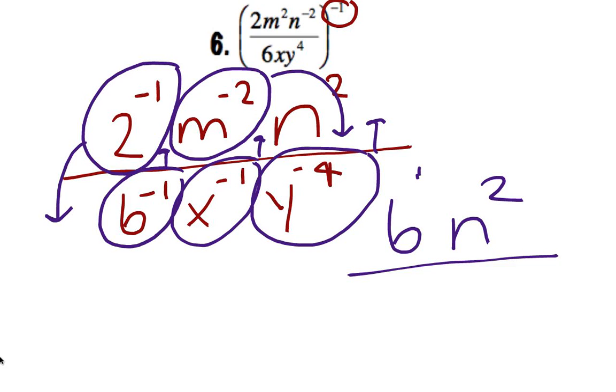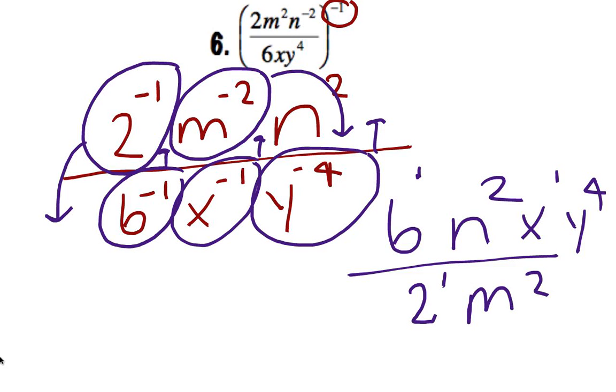And then I'm going to bring up x to the power of 1 and y to the power of 4. So when I take the reciprocal of these, their new exponents will be positive. Now I need to bring down the 2 and the m into my denominator. So it's going to be 2 to the power of 1 over m squared. So remember, when I have negative exponents, I need to take the reciprocal.